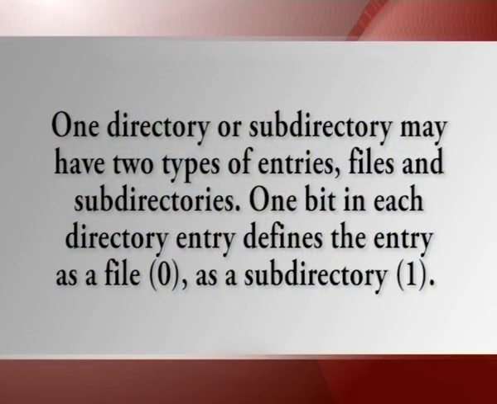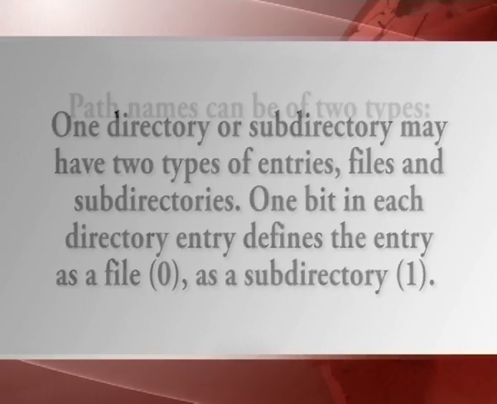A directory is simply another file, but it is treated in a special way. One directory or subdirectory may have two types of entries, files and subdirectories. One bit in each directory entry defines the entry as a file if 0, as a subdirectory if 1.